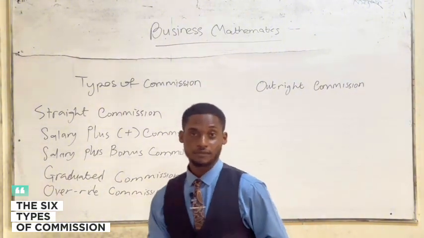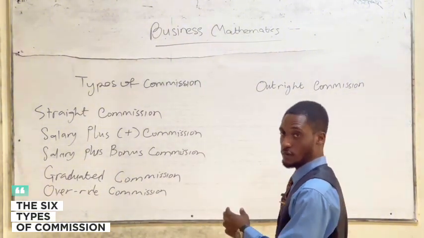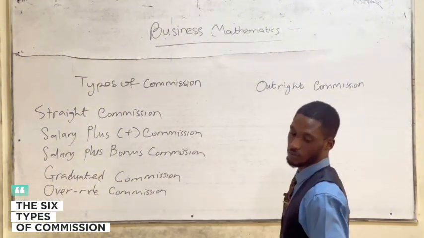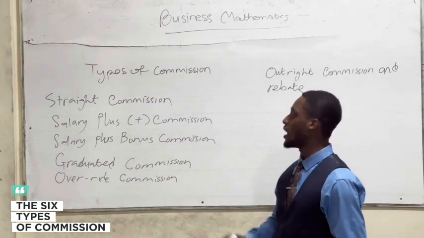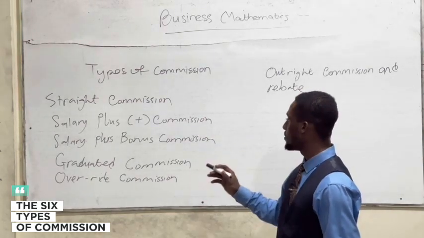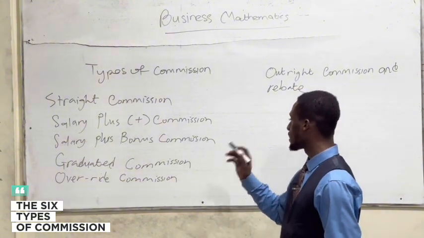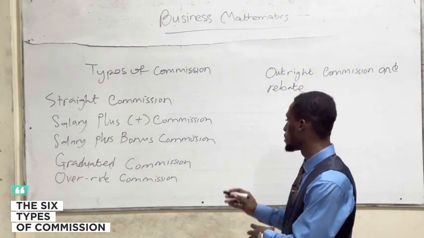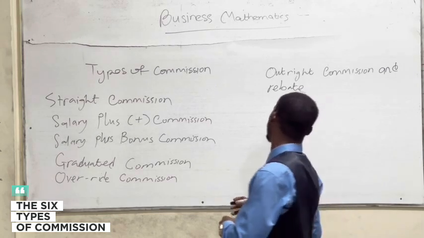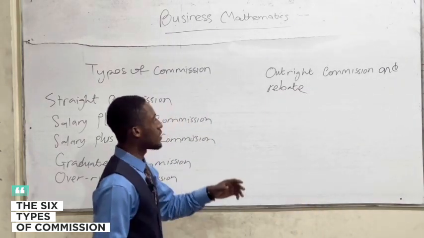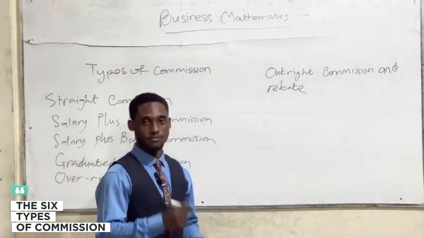So we have the 6 types of commission on the board: straight commission, salary plus commission, salary plus bonus commission, graduated commission, override commission, and last but not the least, outright commission and rebate.